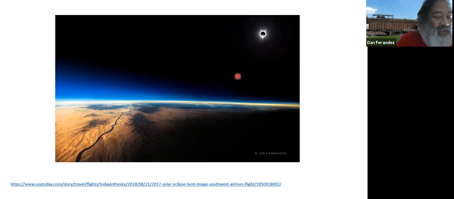He had already researched the fact that the flight was going to be passing close to totality, and he was able to get a window seat and talk the pilot into deviating just a little bit so he could get the perfect picture. Anyway, there's a cool story about his being able to get on the flight and snap this really unique picture. So those were pictures I took of my personal eclipse experiences.